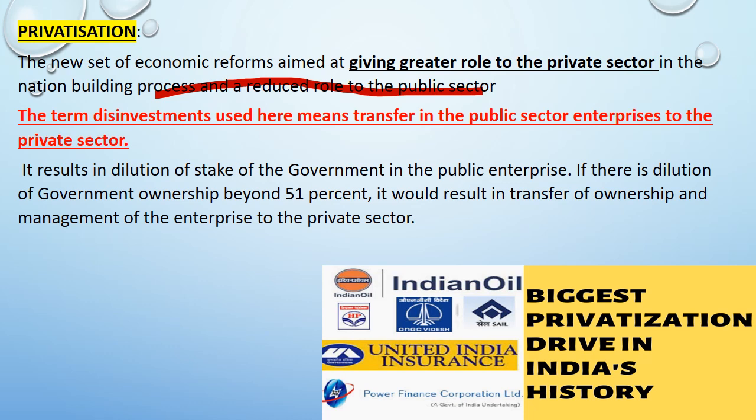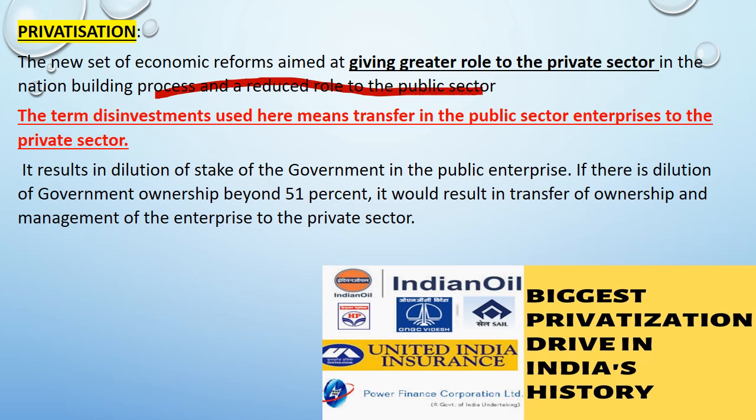If 51% of the shares are held by the government, the remaining 49% of the shares should be held by, let's say, the public, that's the people. But if the government is holding less than 51% of the shares, then the public sector company will be cancelled and shifted as a private sector company. So in simple terms, the government's dilution, the government's power over the private sector is reduced.